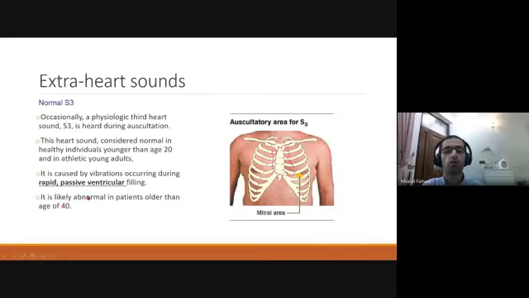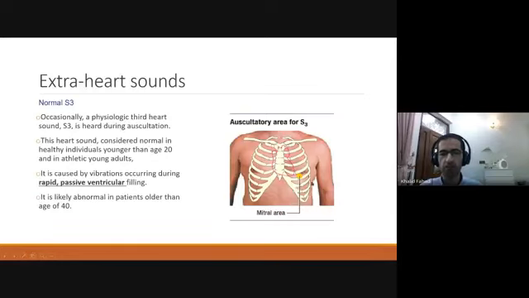So where can you hear the third heart sound best? The auscultatory area is usually also the mitral area. If there is abnormality in the left ventricle, rapid flow from the left atrium to the left ventricle will produce this sound. For example, in pathological conditions, in a patient with heart failure and volume overload, there will be rapid flow from the left atrium to the left ventricle.